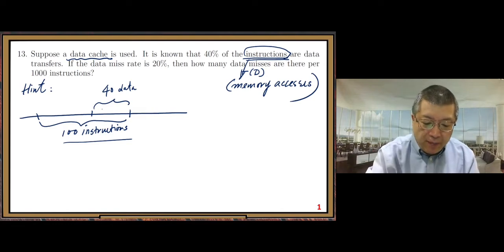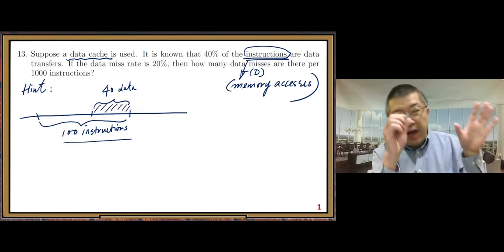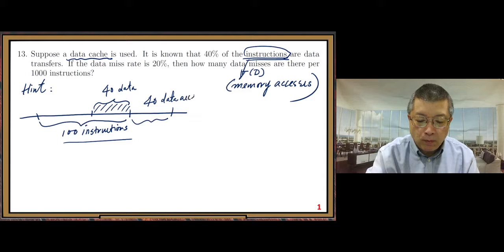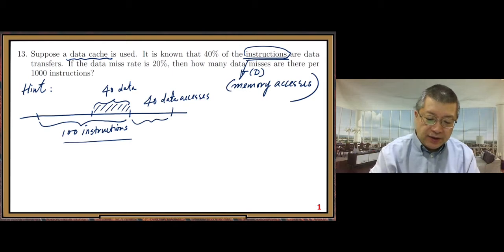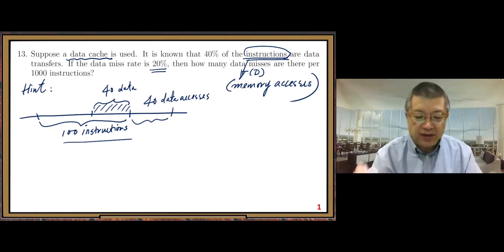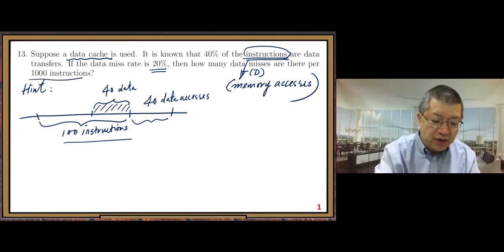For that data transfer, we need another memory access, so 40 data accesses. The data miss rate is 20%. How many data misses are there per 1,000 instructions?